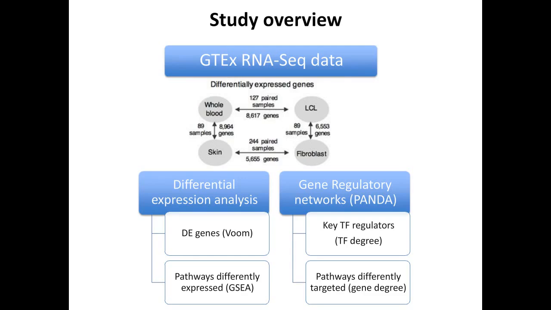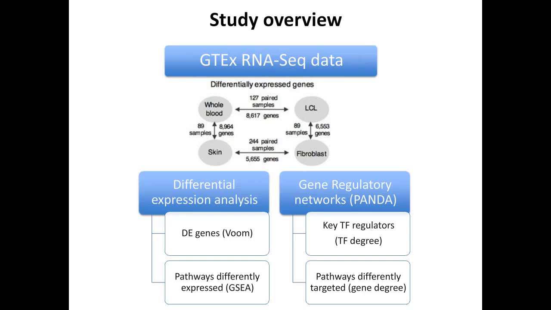So we did two types of analyses. The first one was differential expression analysis, where we generated our lists of differentially expressed genes using that technique I mentioned earlier, voom, which is available in limma. And we then looked for pathways that were differentially expressed using gene set enrichment analysis.